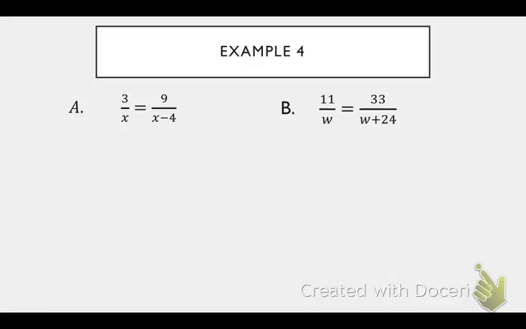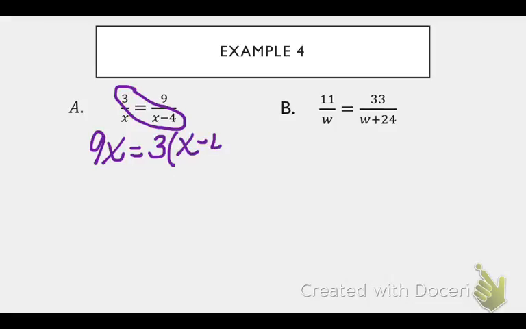Let's look at an algebraic example of a proportion where we have multiple letters here. We need to find the value of x. So again, my cross product equation would be 9x. But when I do the right side, I'm going to have 3 times all of x minus 4.